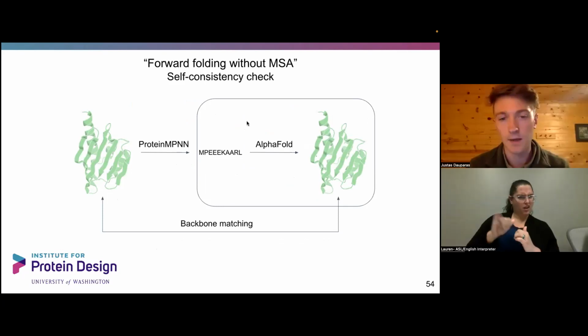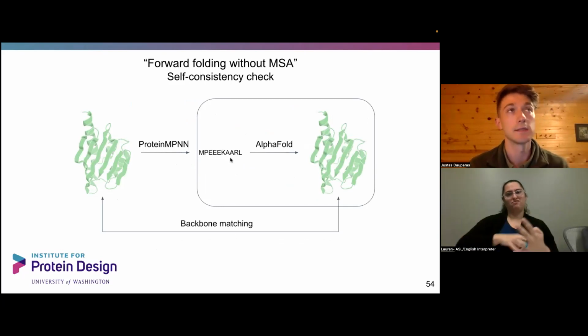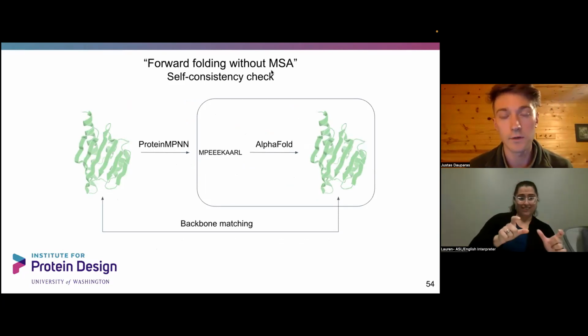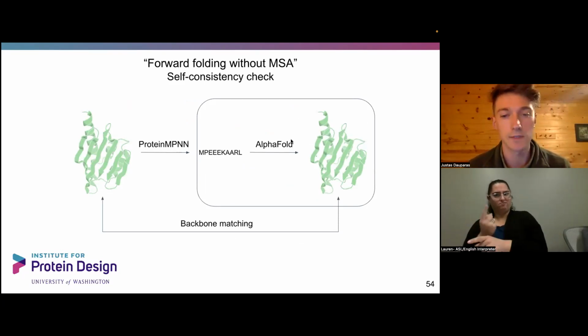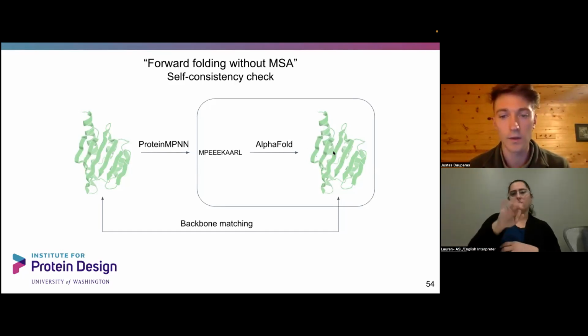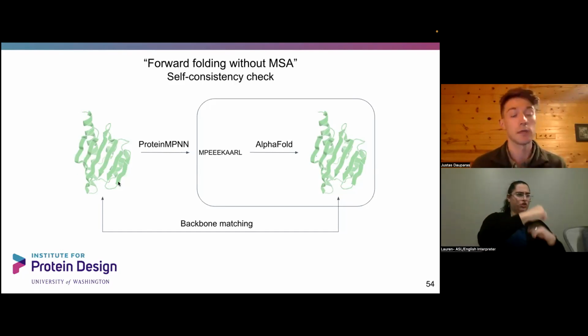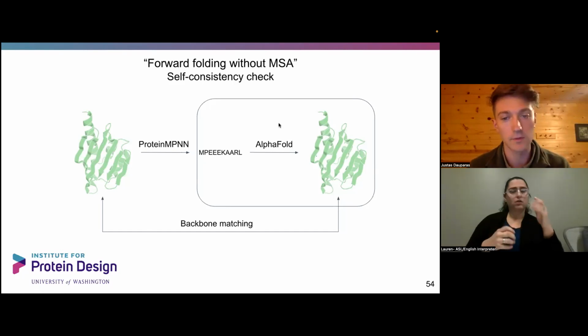In this case, we use AlphaFold in the single sequence regime, because often these designed sequences are quite different from the native sequences. We're not even collecting multiple sequence alignments, it's just using a single sequence in AlphaFold to predict the structure and then check how well the output structure matches the input structure. So this is a structure that we try to design, we come up with a sequence, and then we just want to double check how good the match is.